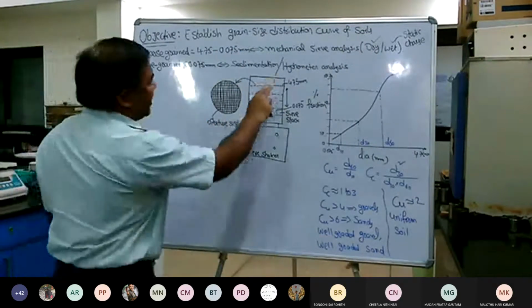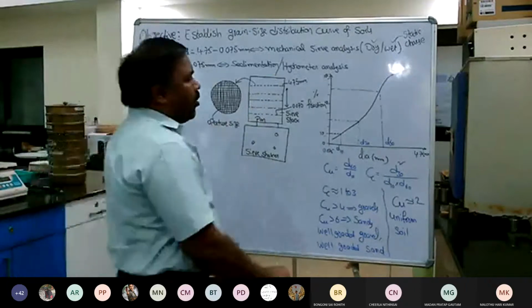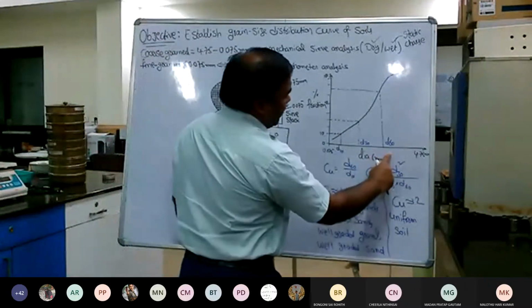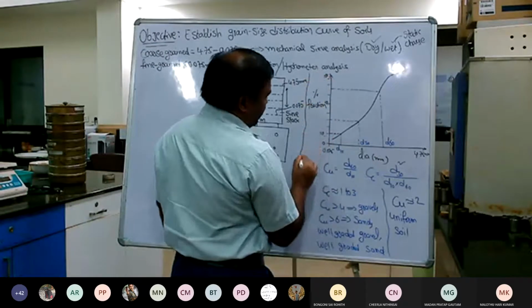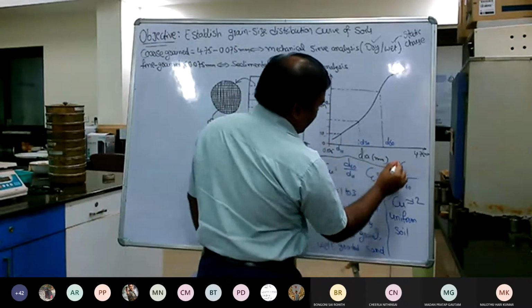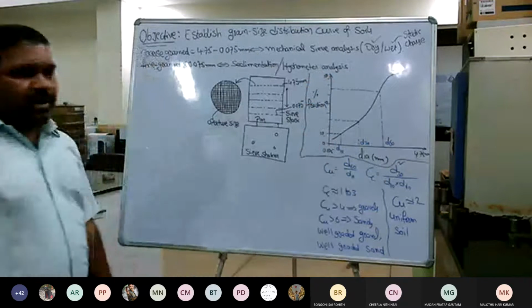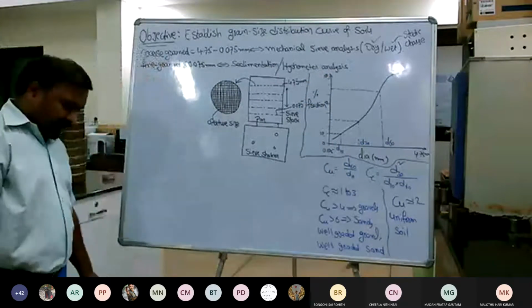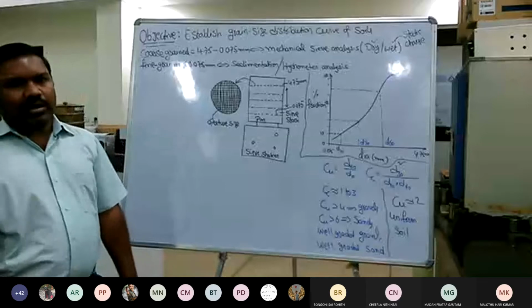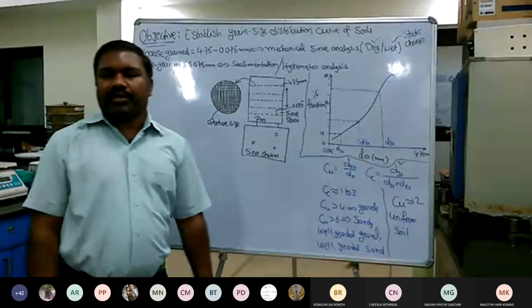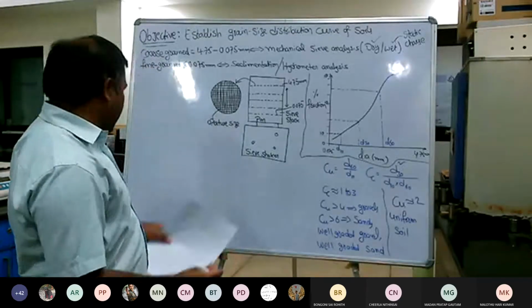Now let us go for the experimentation. How to get the x-axis parameter and how to get the y-axis parameter? For that, you need an instrument called a sieve shaker, which is available in the laboratory.